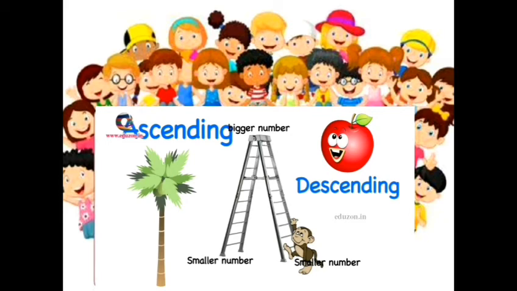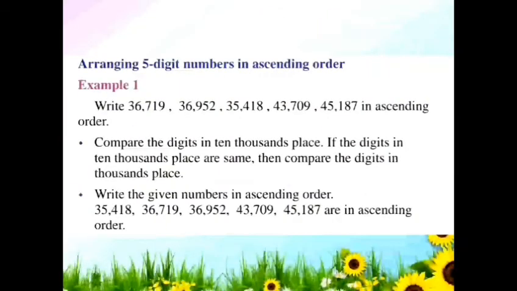For example, 36,719, 36,952, 35,418, 43,709, 45,187 in ascending order. First, we compare the digits in the 10,000s place.